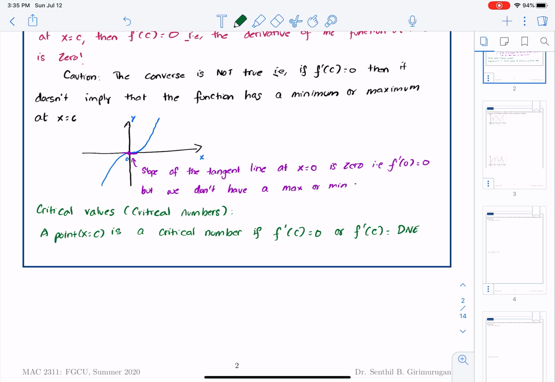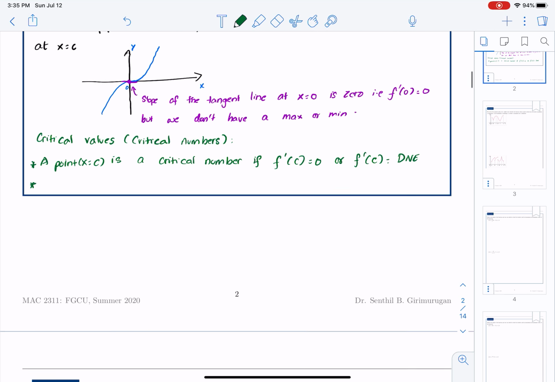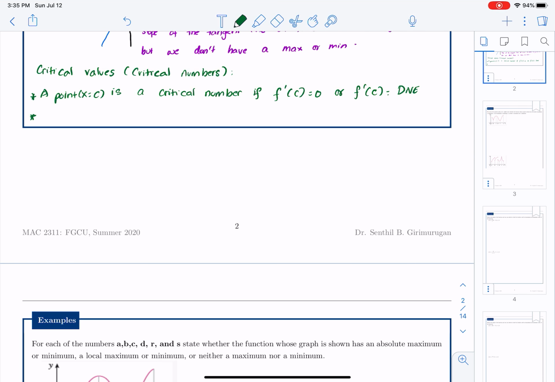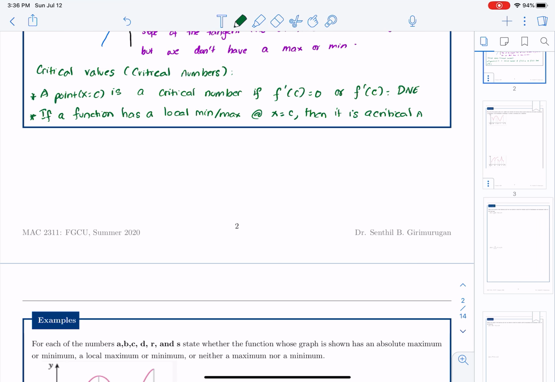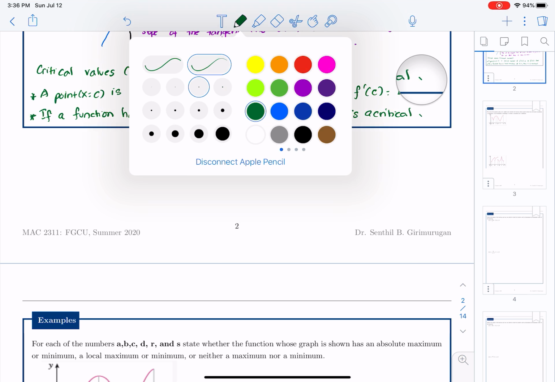If either of those happens at C, then C is a critical number. And also, another point to notice is that if a function has a local minimum or maximum at x is equal to C, then it is a critical number. Now that goes back to Fermat's theorem, if you think about it.